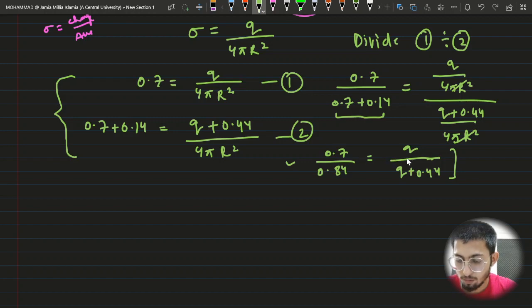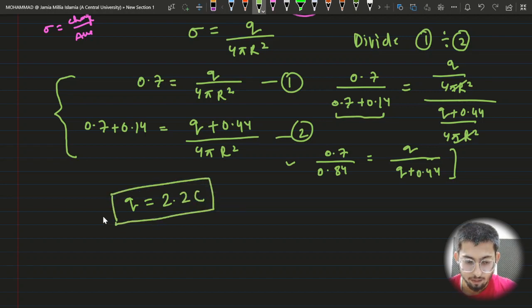Now you can cross multiply and find the q. So q would be 2.2 coulombs.